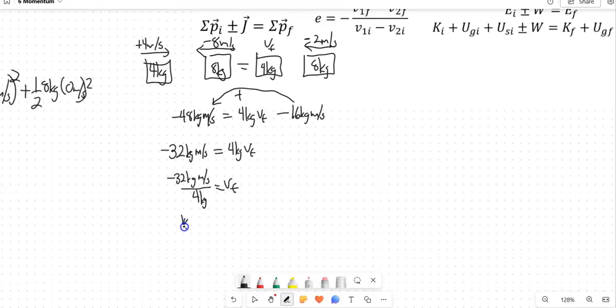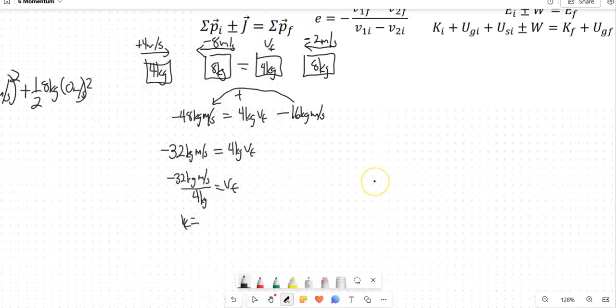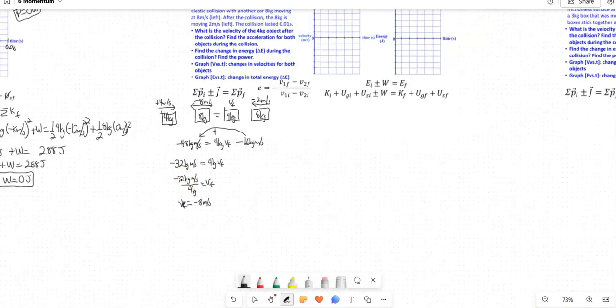And V final is going to be equal to, divided by 4, negative 8 meters per second. So again, on the other problem, this was negative 12 meters per second for this 4 kilogram object, which is green.